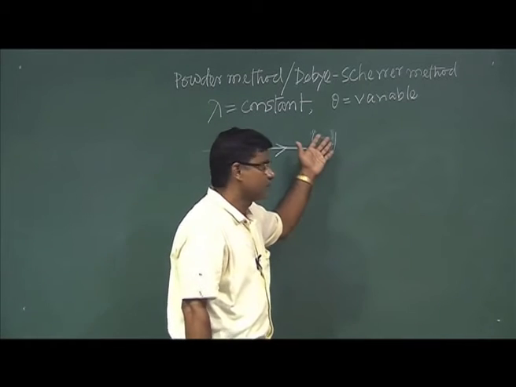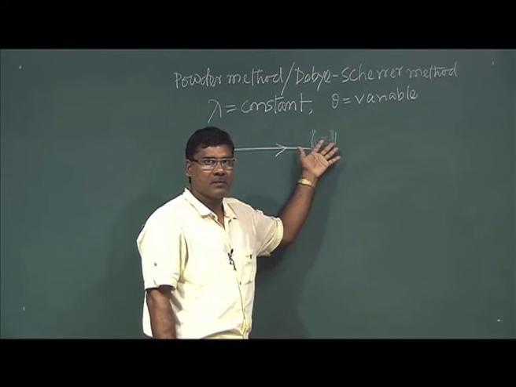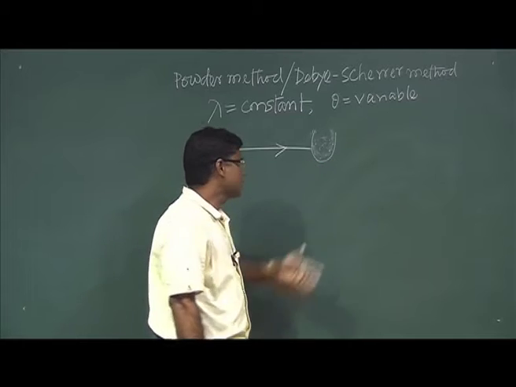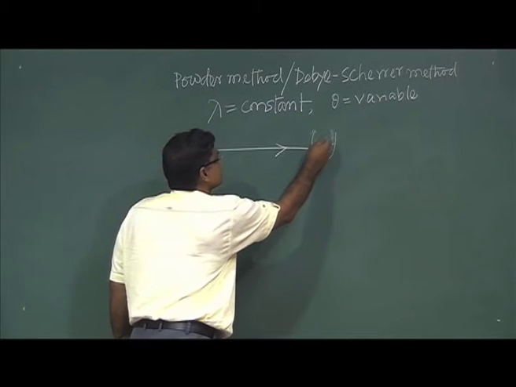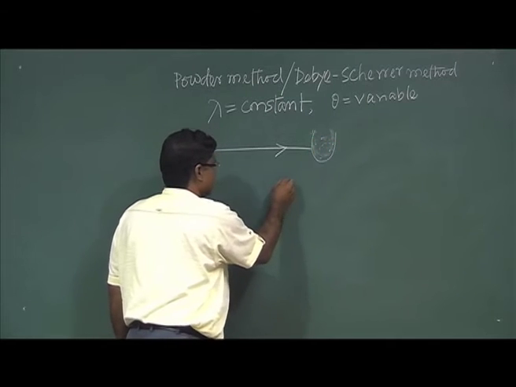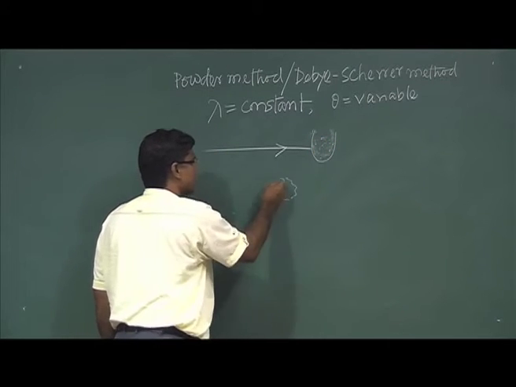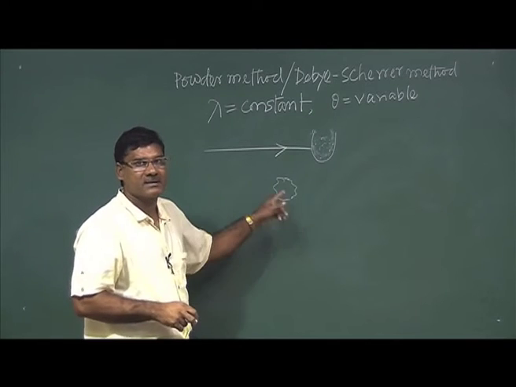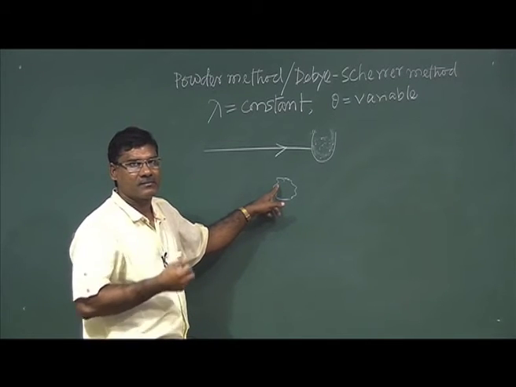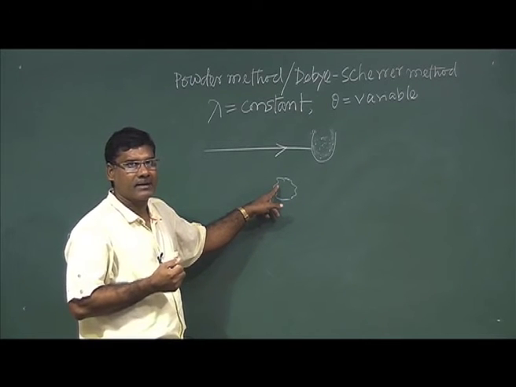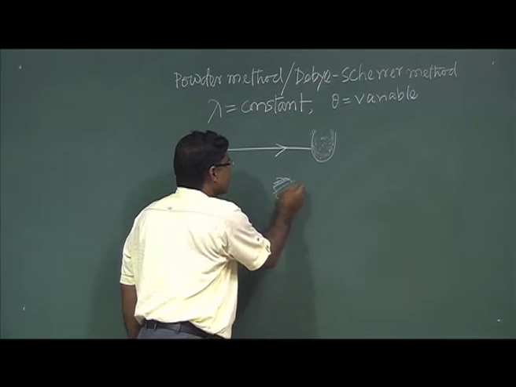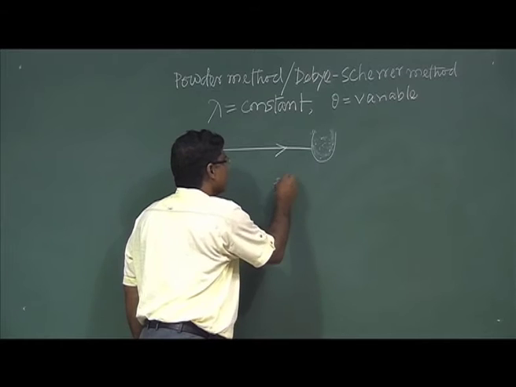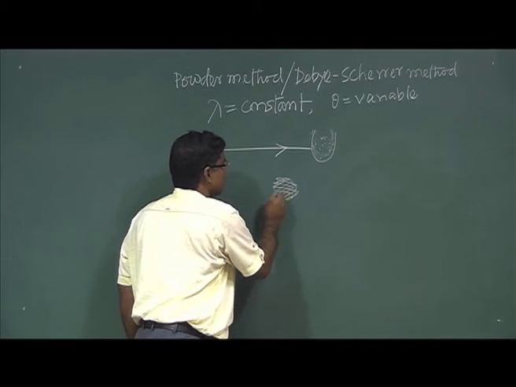The crystal is in powder form, but it has planes. If I draw just one particle in bigger form, it will be like this, one particle, right. It has all sorts of planes.